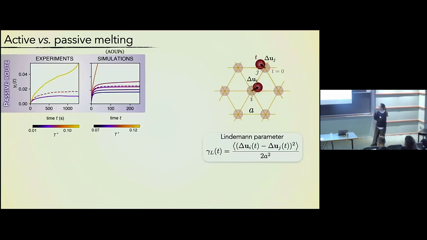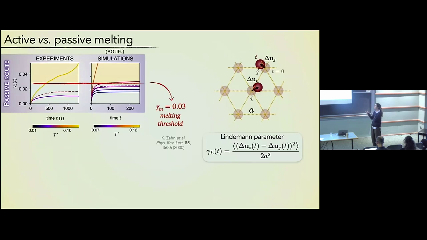So first, if we plot again this parameter, which I remind you is across fluctuations of nearest neighbors, for the passive route, we find, so this is an adimensional parameter, we find the melting threshold for Lindemann that is almost the same as the one in the same passive systems.